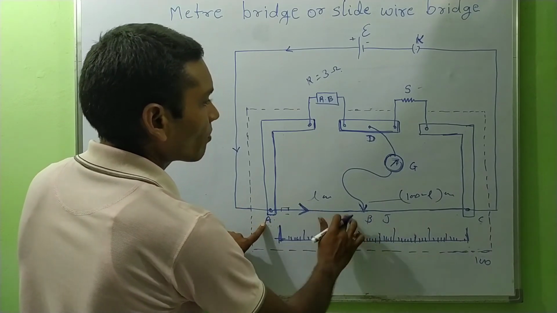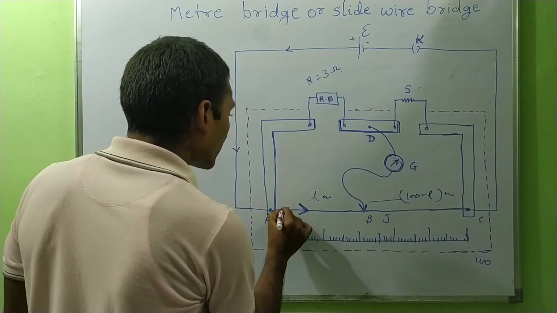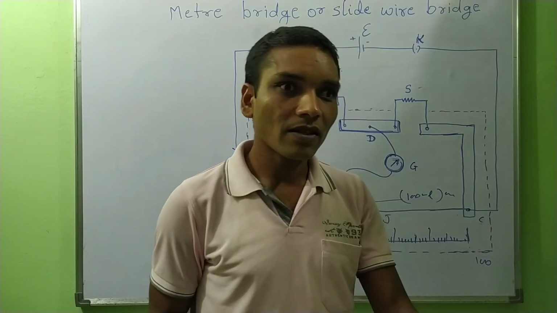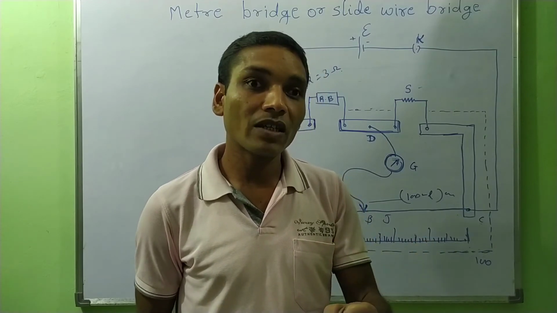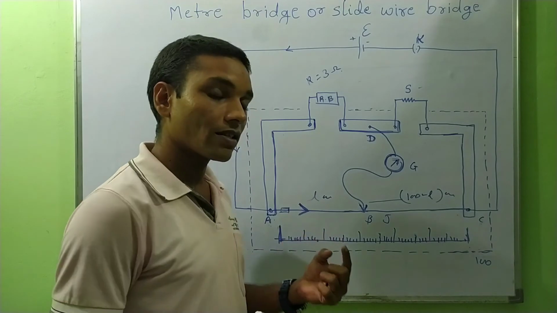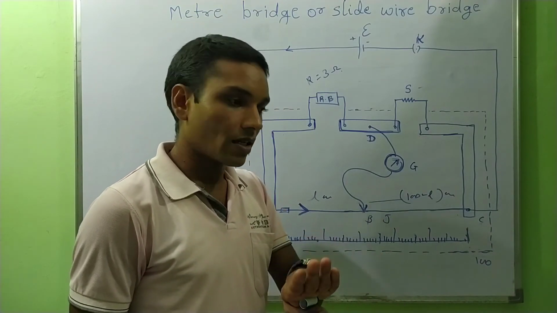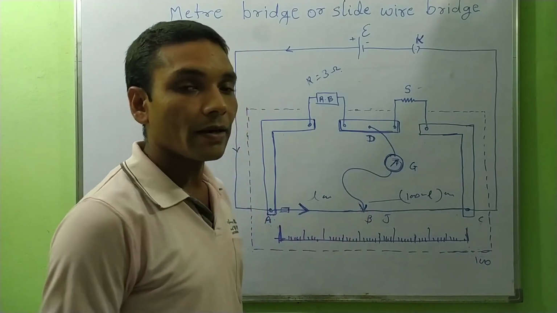length of the wire. So let the resistance per unit length, meaning the resistance of 1 centimeter or 1 millimeter. Generally it is taken as the resistance of 1 centimeter. This is called the resistance per unit length of the wire.